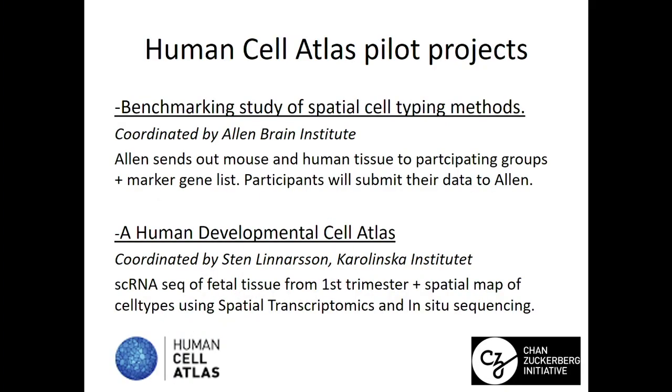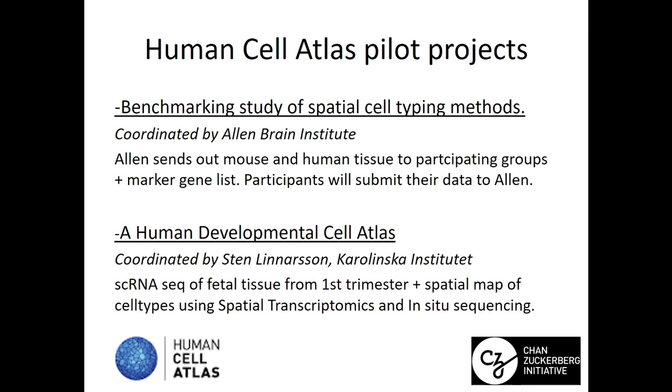So we're involved in 2 Human Cell Atlas pilot projects. One is to compare this spatial cell typing approach with other spatial cell typing approaches. I think we have basically all published variants of spatial expression profiling methods in the consortium, and it's led by the Allen Brain Institute.